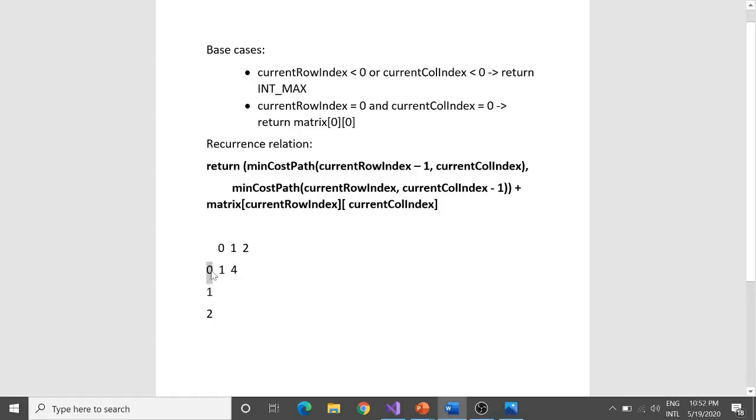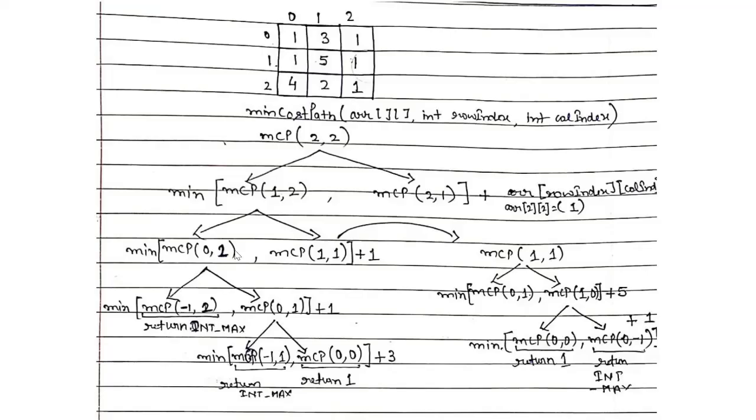So what is the intersection of this 0 and this 2? Again this cell signifies the answer to subproblem MCP 0 2. Again, what were we recursing for in our recursive tree? We were recursing for MCP minus 1 2 and MCP 0 1. So what would my answer be dependent on?